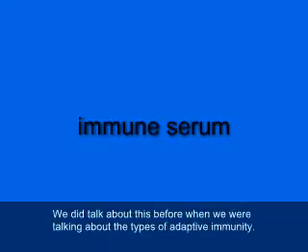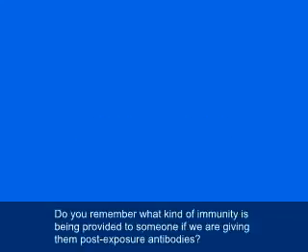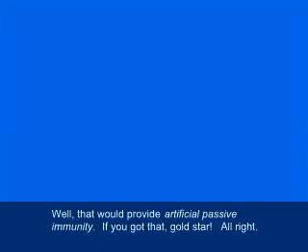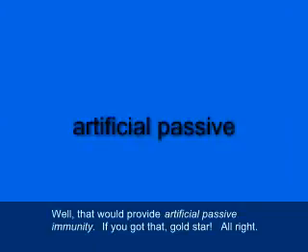And we did talk about this before when we were talking about the types of adaptive immunity. Do you remember what kind of immunity is being provided to someone if we're giving them post-exposure antibodies? Well, that would provide artificial passive immunity.